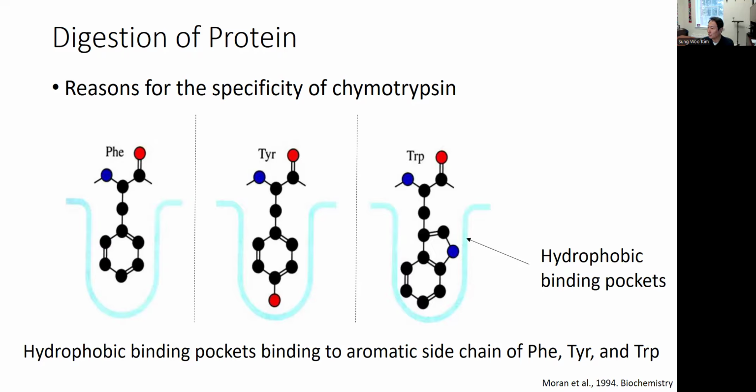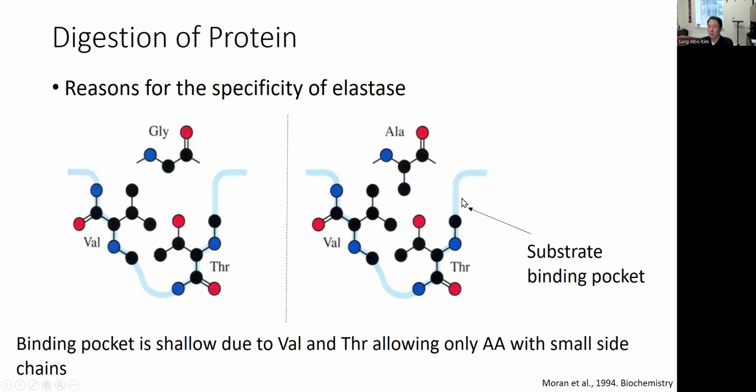They are very strongly hydrophobic. So those are phenylalanine, tyrosine, and tryptophan. Okay? And then the serine will cause the cutting of the peptide bond on the carboxyl side of these amino acids. Okay? That's how chymotrypsin can be very specific.